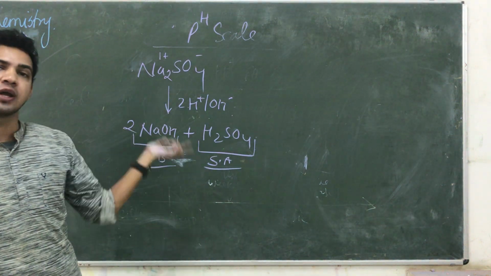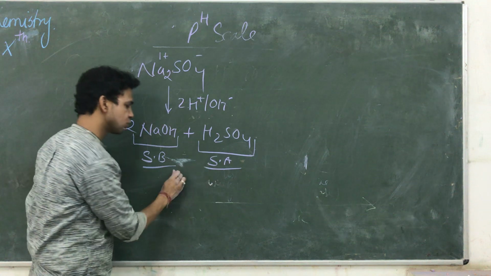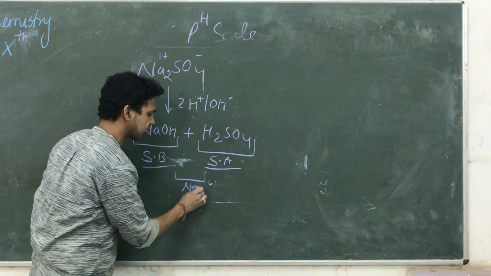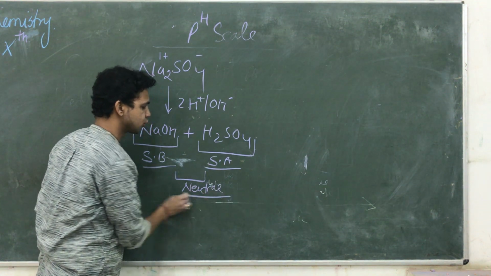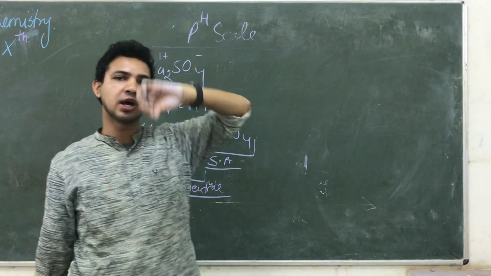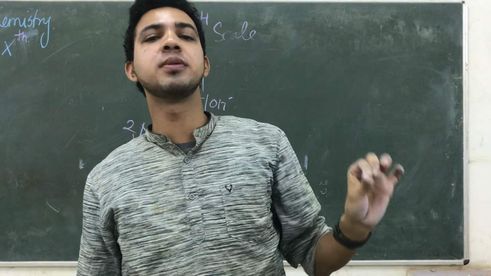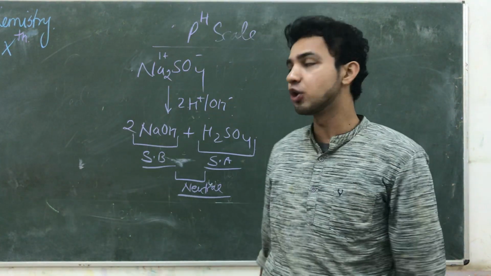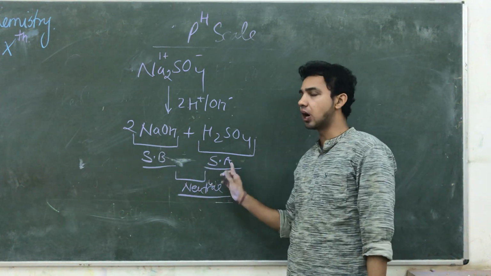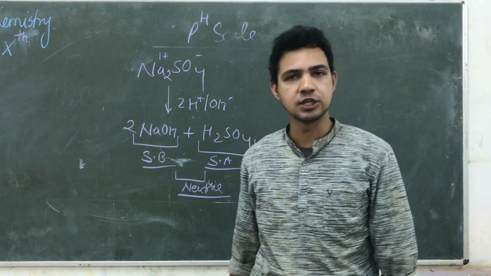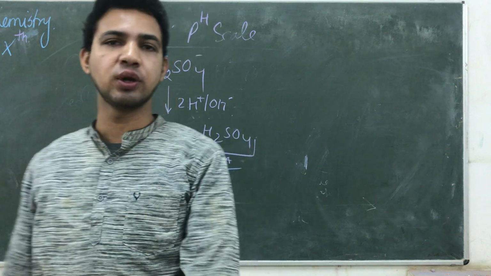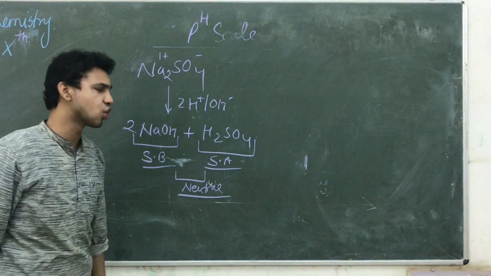Acid is also strong and base is also strong. When both are strong, what do we call such solutions? Neutral solution. So when we put pH paper in it, the pH paper will not change color, because both are strong in nature.